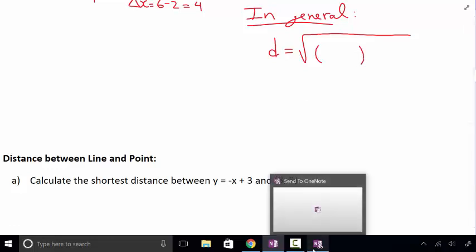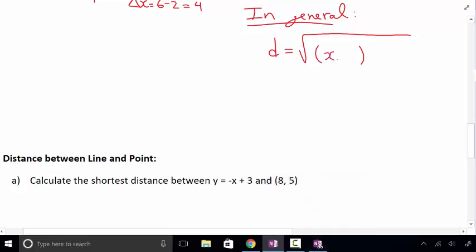So it was delta x. Let me just write it out long though. So it's going to be what?